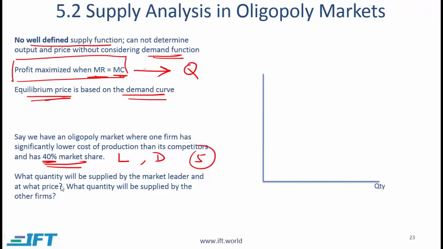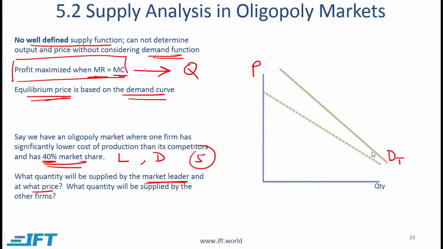The question now is what quantity will be supplied by the market leader or the dominant firm and at what price, and then what quantity will be supplied by the other firms. Let's say that we have price on the y-axis, quantity on the x-axis, and say this is the total demand curve, the demand curve for the overall industry. What about the demand curve for the leader?